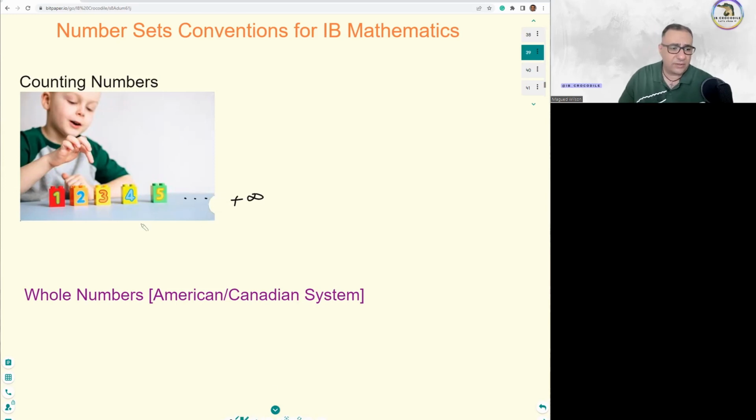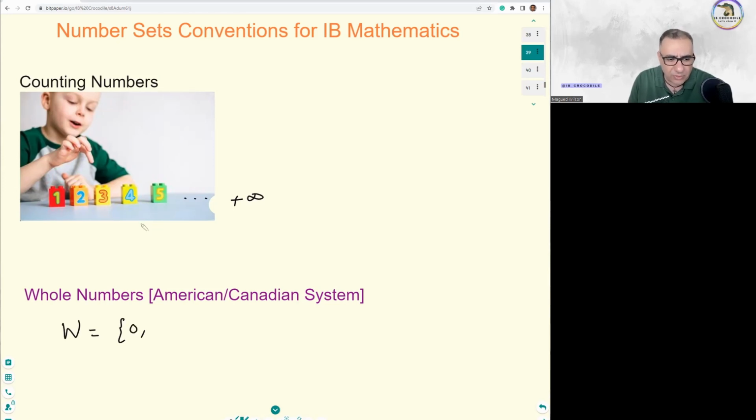Now the next one is called the set of whole numbers, and this set is mainly used in the American and Canadian system. So the whole numbers is a set denoted by capital W, and it is basically the set of counting numbers including 0.